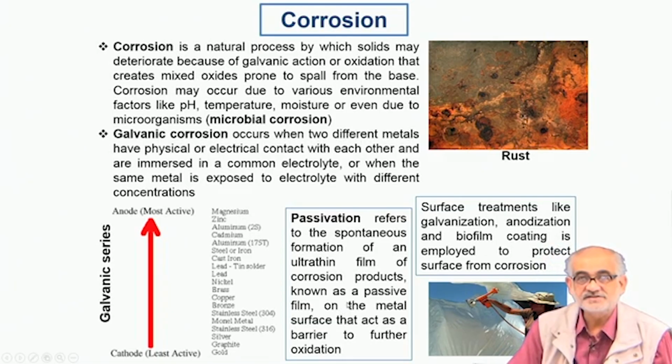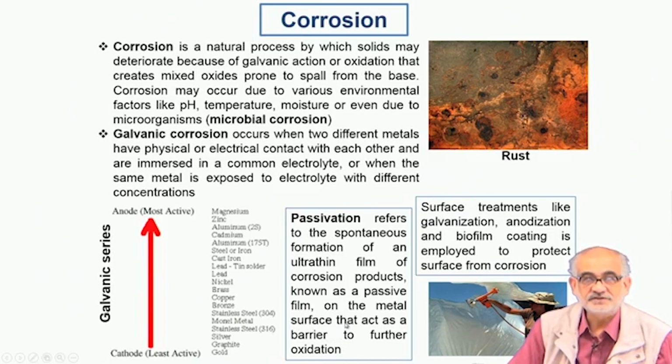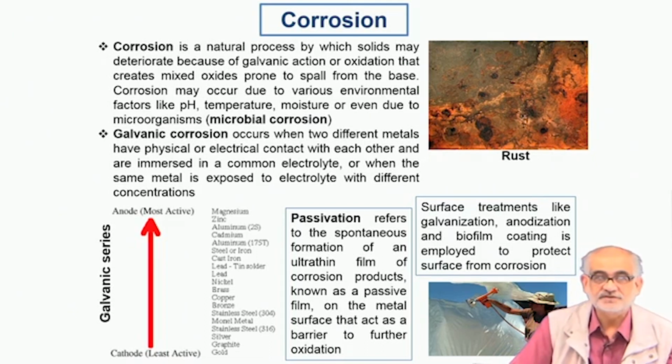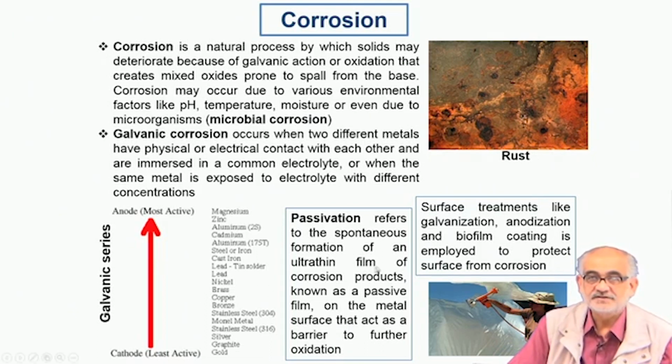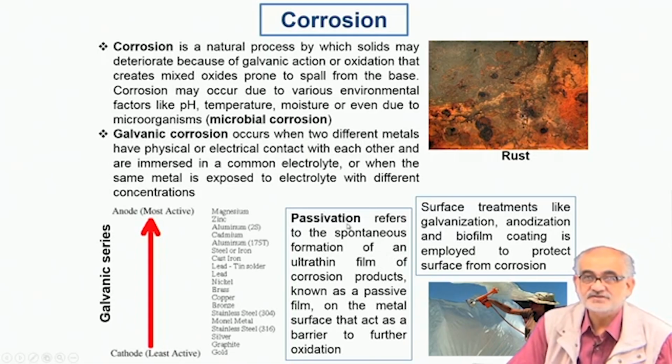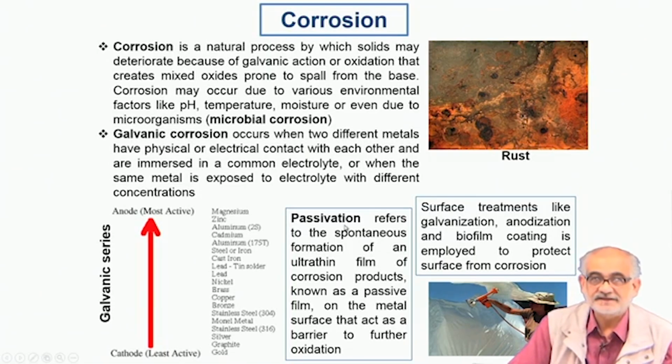In order to prevent this, we need to create a passivation layer, and this passivation is possible only when we create an oxide layer. Normally, we don't want to convert a metal into an oxide, but in certain cases we prefer to create an oxide layer.